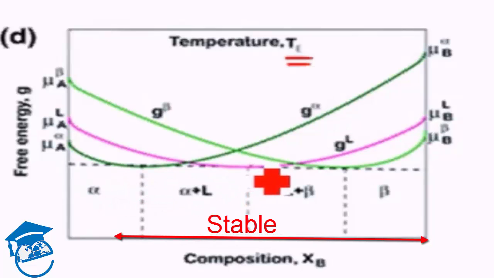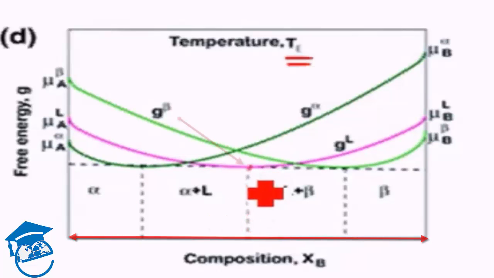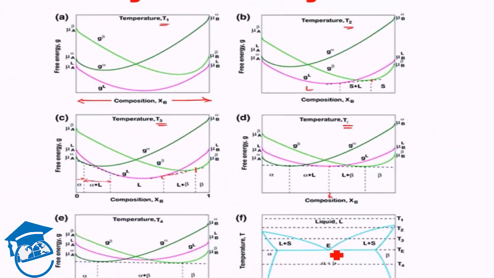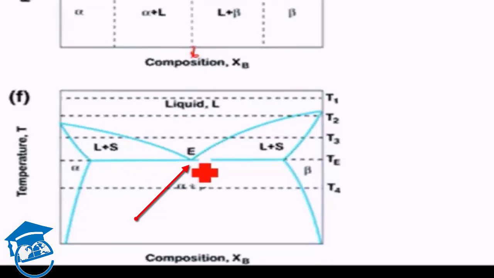And at exactly this point, all 3, alpha plus liquid plus beta, are stable. It's just a singular point. Let's draw it here. Beta plus liquid, alpha plus liquid, meeting point liquid plus alpha plus beta.